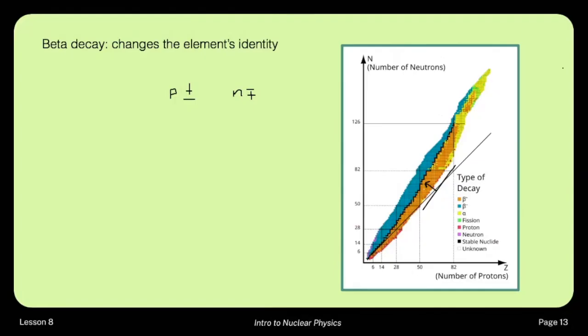So when we talked about stability, we said that whether a given nuclide is stable or not depends on the number of protons and neutrons. So we could have two particles of equal mass, but one is more stable than the other just because of the number of protons, and because the number of protons corresponds to the identity of the element.